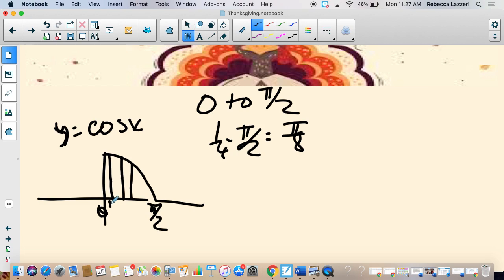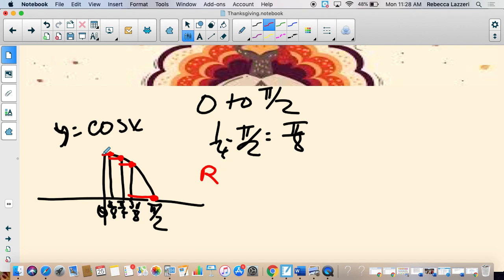And so this is pi over 8, 2 pi over 8, 3 pi over 8, 4 pi over 8. If I go from the right, so a right-hand Riemann sum, I would use this value, this value, this value, and this value. It would be an under approximation because this is steadily decreasing.